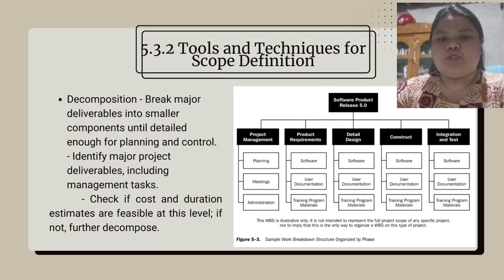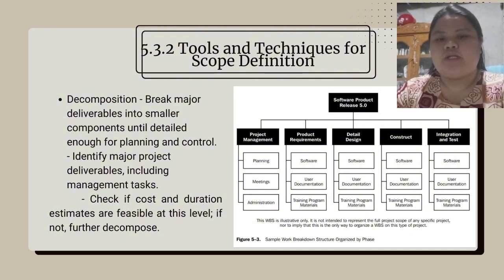Next is decomposition. Break major deliverables into smaller components until detailed enough for planning and control. Identify major project deliverables including management tasks. Check if cost and duration estimates are feasible at this level; if not, further decompose.